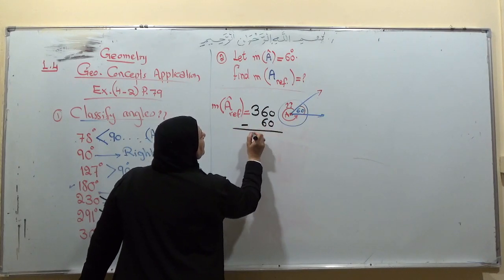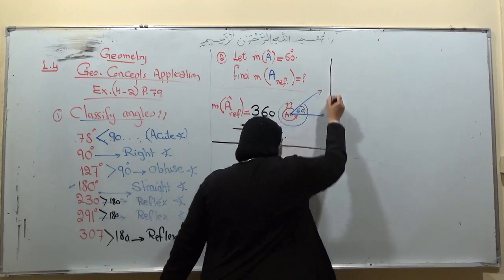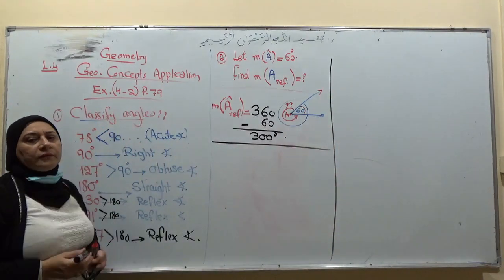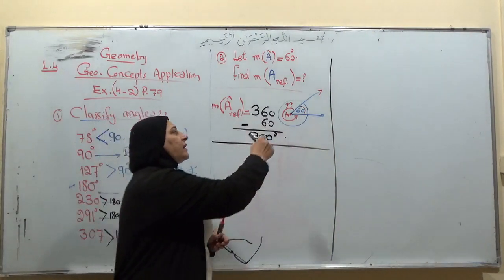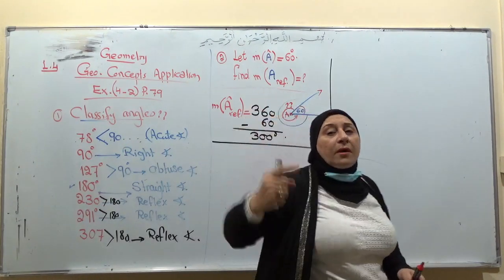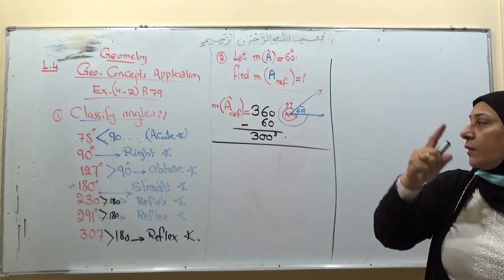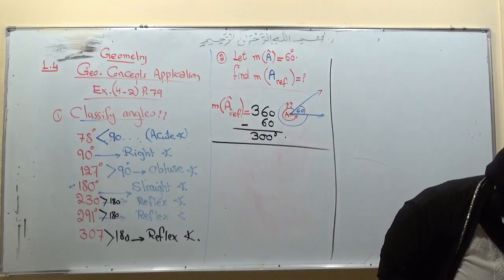It will be 300. That's all. So if you know the normal angle, I can find the reflex angle. It's the complement of the turn, the circle of 360 degrees.